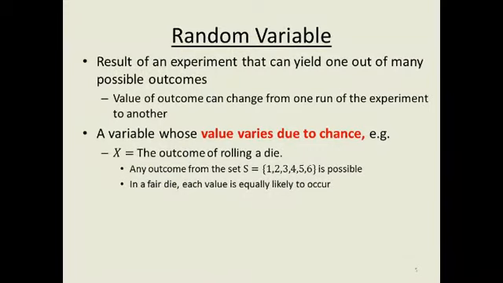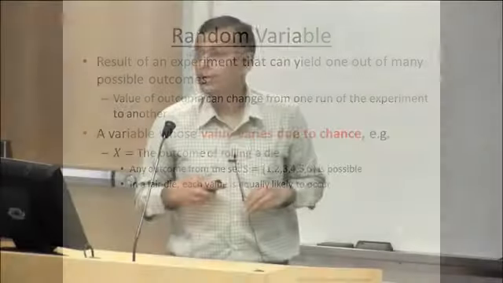Now it can take two values. It could be a heads or it could be a tail. So now if I want to quantify the outcome of a coin toss, I call that a random variable, because now it can take one out of many possible values. And when you do this experiment repeatedly, you're going to get some or all of these values. So it's any variable whose value varies due to chance.